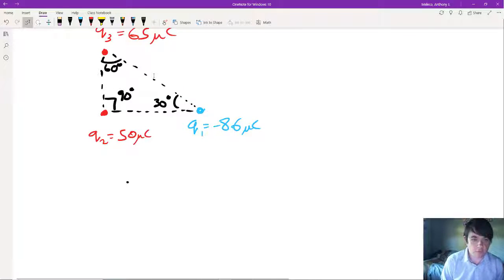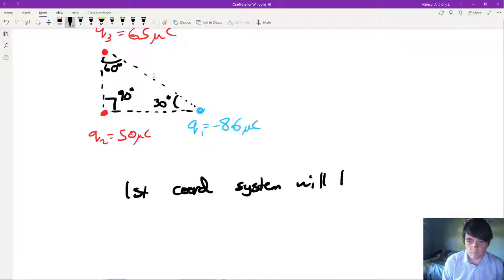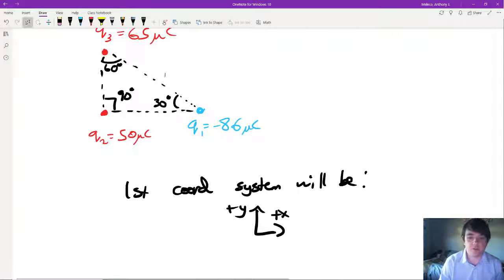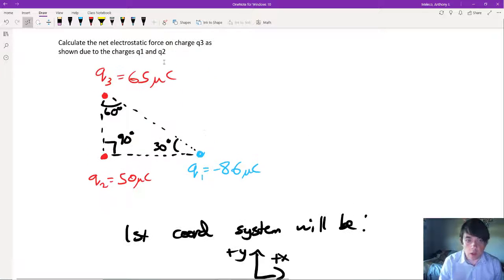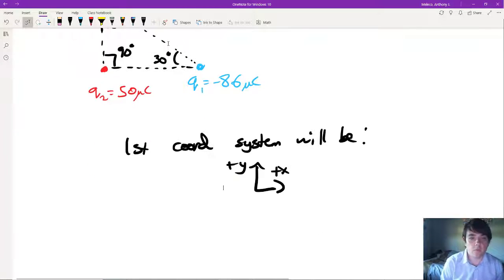So first, I'm going to do the coordinate system. Let's do plus x, plus y, because we're now introducing a second dimension. So it's our typical system. I'm going to set the origin at Q2.